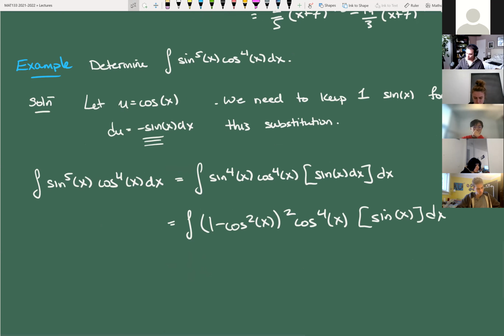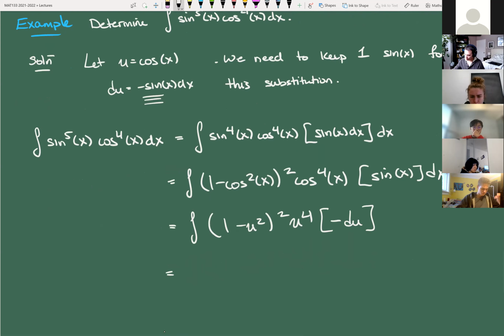Okay, so now when I use my substitution, I'm going to get the integral of 1 minus u squared, squared, u to the power of 4. And now this is where my minus sign comes in, right? Times negative du. I'm going to pull out that minus sign. And now it's just algebra, right? So 1 minus u squared squared, u to the 4 du. Unfortunately, there isn't a nice substitution there.